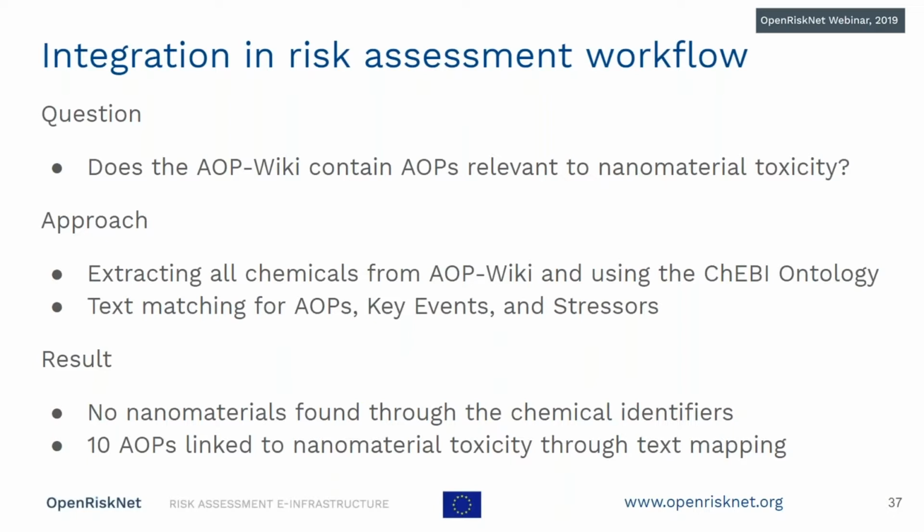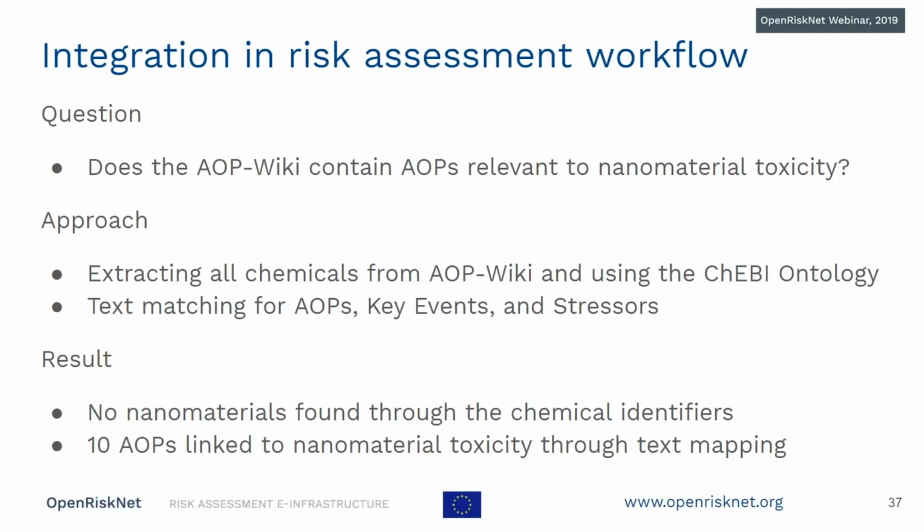The approach that we took is extracting first all chemicals from the AOP-Wiki, of course using the SPARQL endpoint, and then using the ChEBI ontology to see if they are related to ontological annotations of the nanostructure. Another approach after that is direct text matching of AOPs, key events, and stressors to see if any are related to nanomaterial toxicity.